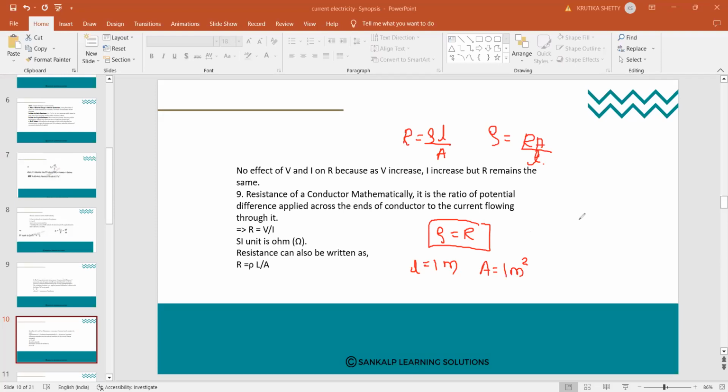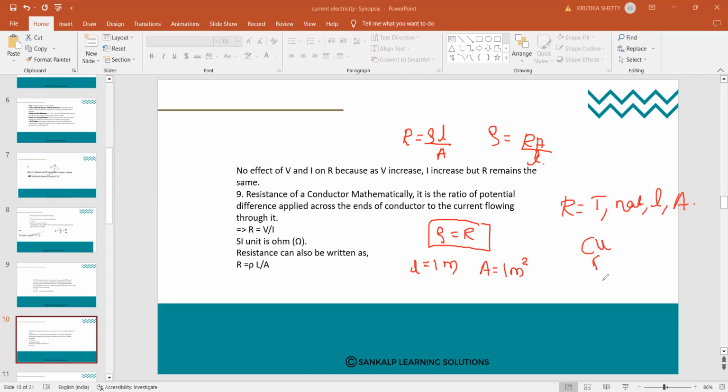So suppose in the exam, if they ask you the factors affecting the resistance, what will you write? The resistance depends on temperature, nature of the material, it depends on the length, it depends on the area. But resistivity does not depend on any factor. Why? Because the resistivity value is constant for a given material. If you consider copper, the resistivity value is constant.